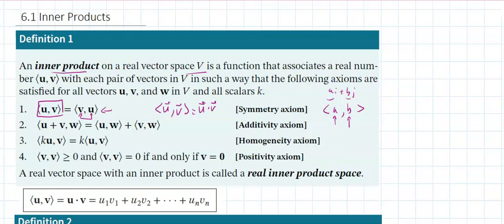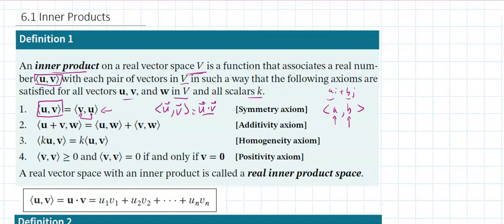The inner product on a real vector space V is a function that associates a real number, remember, this is the dot product, which is going to yield a scalar, with every pair of vectors in V in such a way that the following axioms are satisfied for all u, v, and w in that vector space and all scalars k.